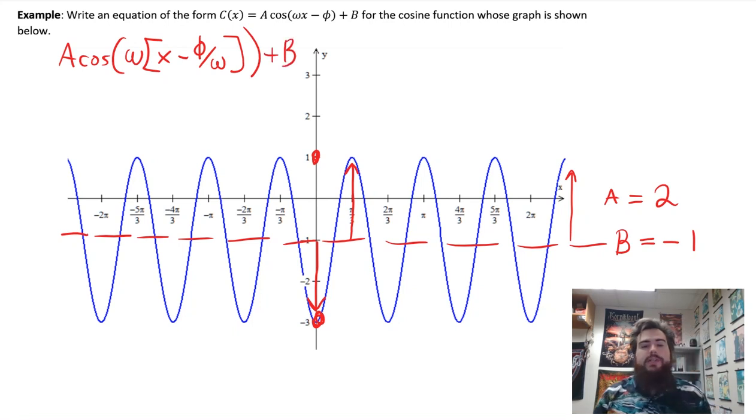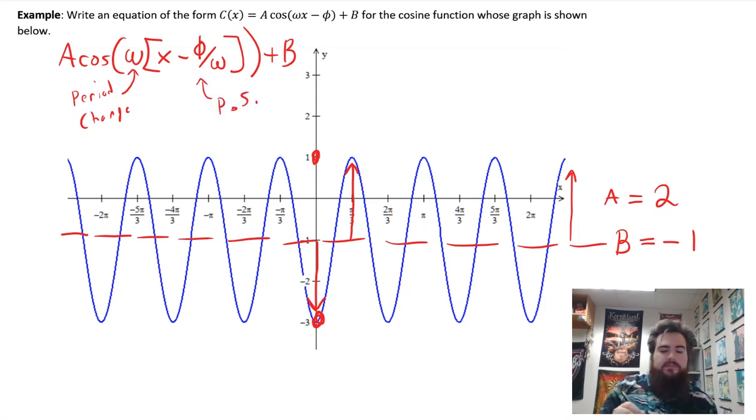What I have now done is isolated the effects of omega, which is the period change, as well as the phase shift. Because when I do find the phase shift of this function, the phase shift is not just phi. The phase shift is phi divided by omega.